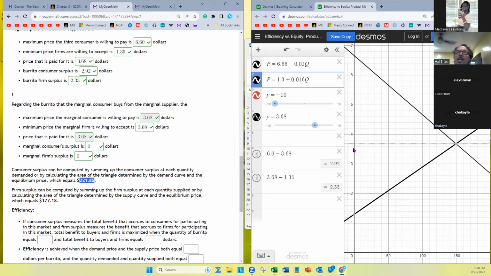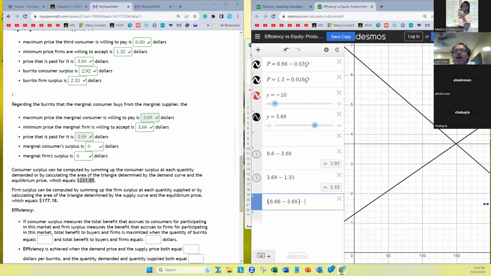If you take the height of this triangle, 368, minus the intercept, 666 in my case, right? So you don't have to do this. I'll just show you. The height of my consumer surplus triangle is 666, minus the market price of 368, right?